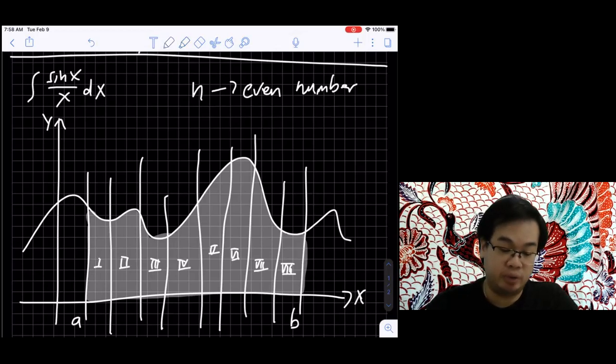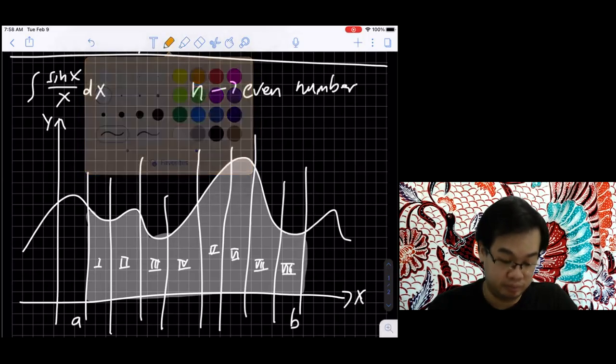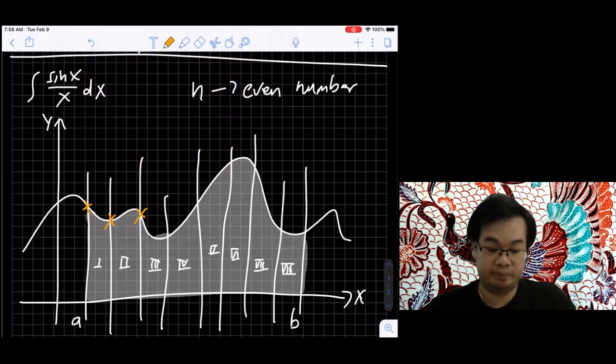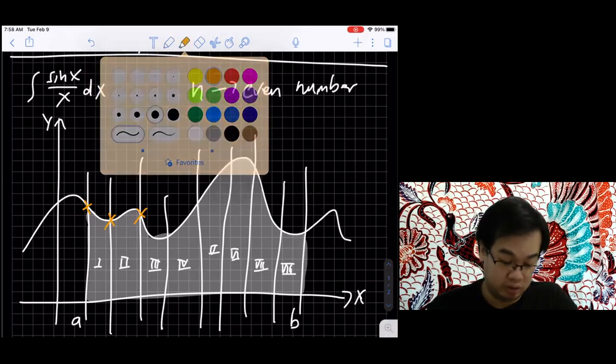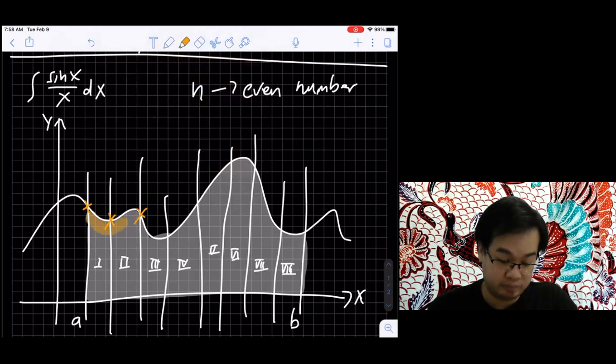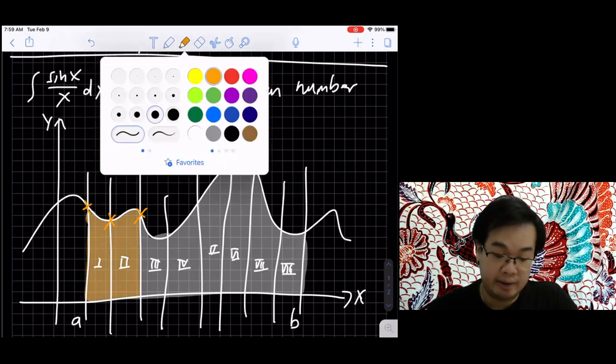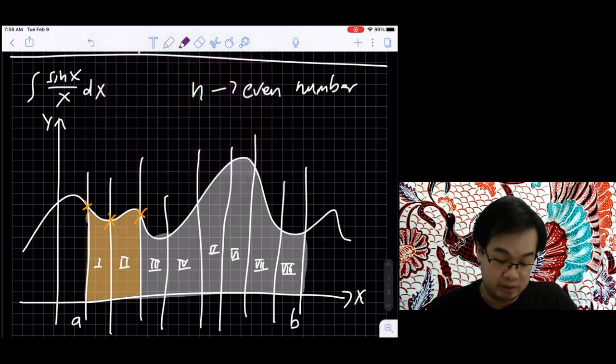It means that we are going to take these three, 1, 2, 3, to create one parabola. So this is the area that is gonna be approximated by the first parabola. And then the second parabola is here, 1, 2, 3.